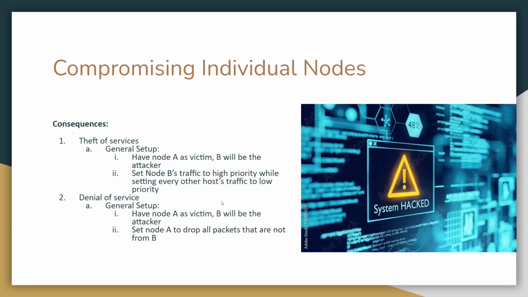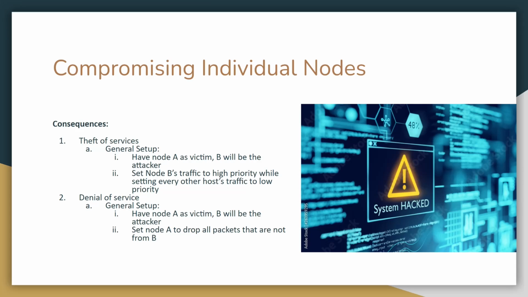So here we have a more in-depth description of our first attack, which is to compromise an individual node. In this description, we have two different consequences. The first being a theft of services, and the second being a denial of service. To set up the first attack, we would have one node be the victim and another be the attacker.